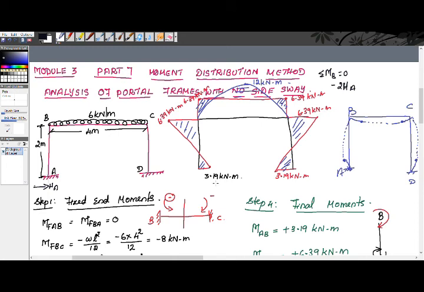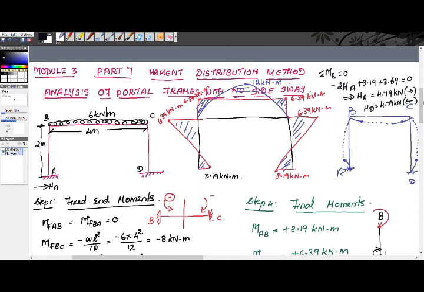Plus 3.19 clockwise, right? So plus 3.19. Now what is the moment at B here? Again clockwise, plus 3.69. So plus 3.69 is equal to 0. From which we get HA will be equal to 4.79 kilonewton towards the right and HD will be equal to 4.79 kilonewton towards the left. So these are the reactions at A and D.